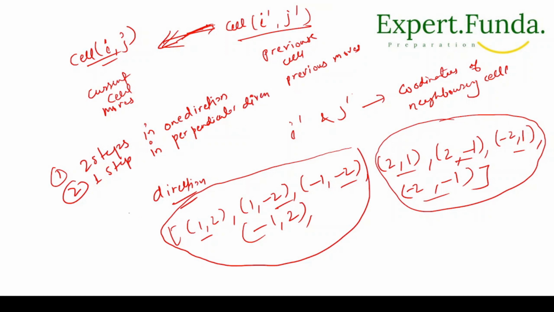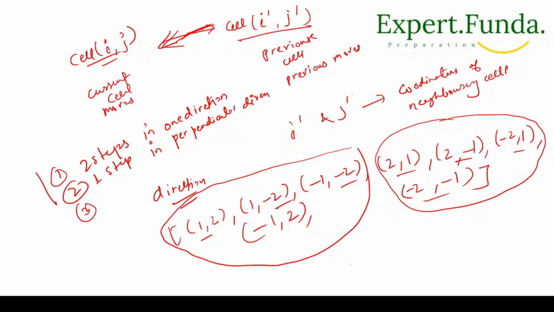If the direction is moving 2 steps vertically and 1 step horizontally, then all the steps will be taken like this, and 1 step we are going to take horizontally to the right.